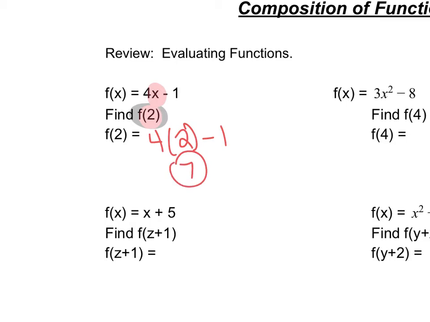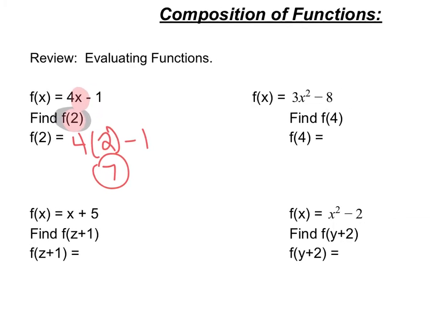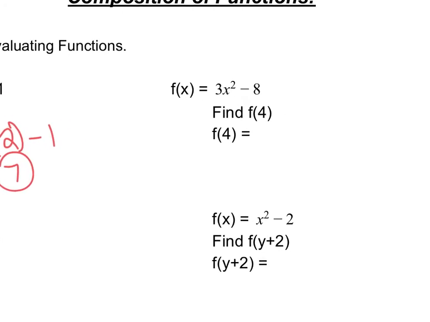Okay? So, similarly, we can do the same thing over here, just a little bit more difficult function. We've got a quadratic here. We've got 3x squared minus 8. If I want to find f of 4, that means anywhere I see an x, I'm going to take it out and put a 4 in its place.